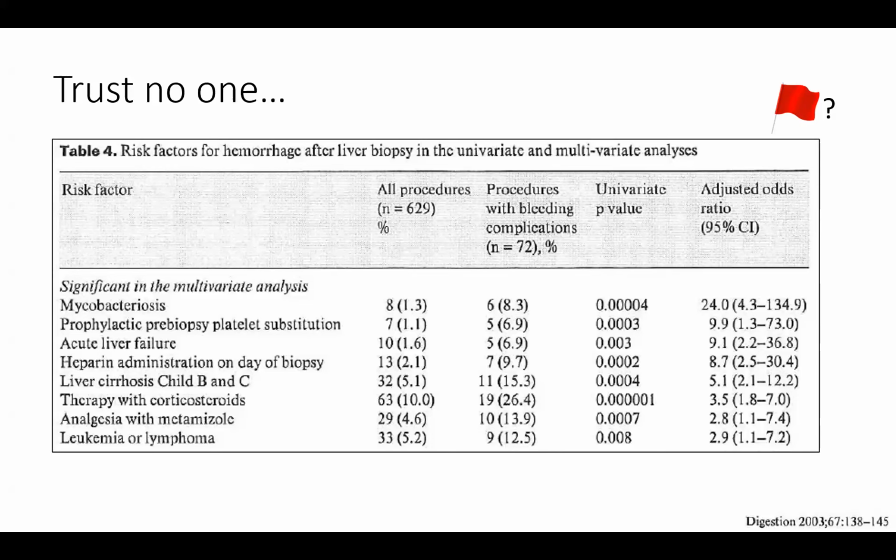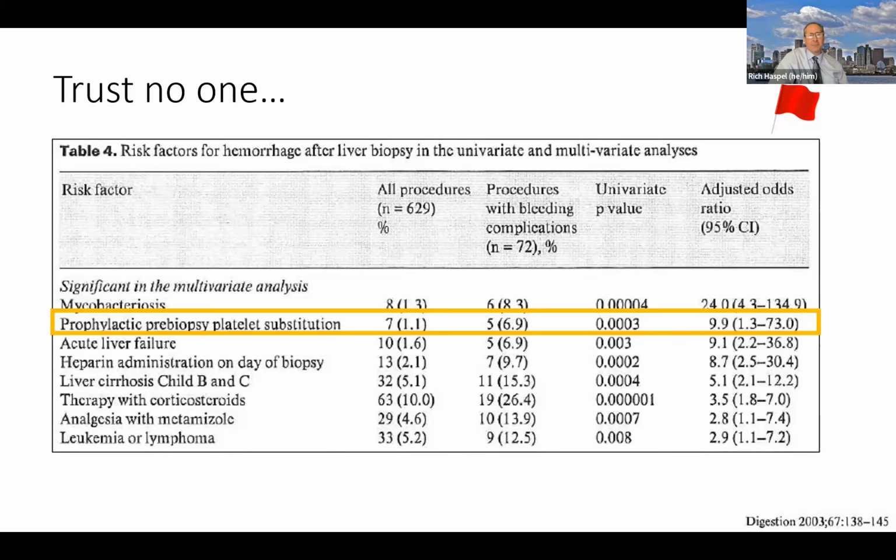Well, Rich, they all look like they're significant, in terms of the p-value and the odds ratios all being greater than 1.0. Right, but look at this one. You think giving them a platelet transfusion caused them to bleed? So this tells me their model is crap, basically. Excuse me, I know this is being recorded, so sorry, it's lousy.